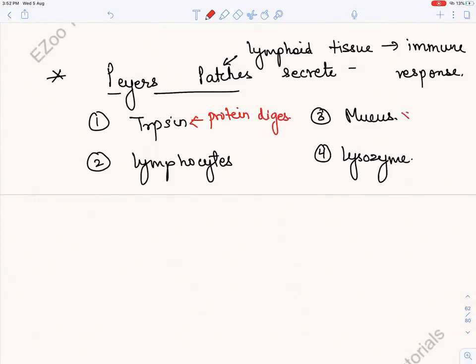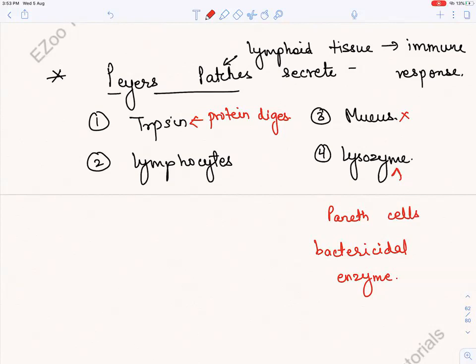Mucus, no. What is lysozyme? Lysozyme is secreted by Paneth cells, and it is a bactericidal enzyme. When we do the intestinal gland, we'll again do this.